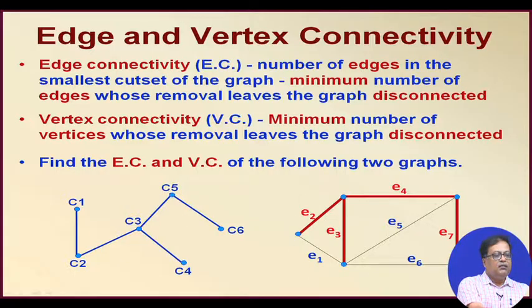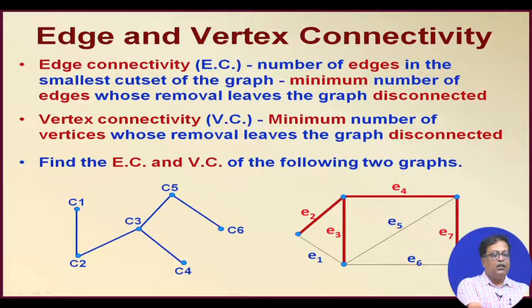Now, look at this particular graph. What is its EC and VC? How many edges do I have to remove to make the remaining graph disconnected? Is it 2 again? Because if I remove E1 and E2, then the remaining graph is disconnected. So, it is 2 here. And what is the vertex connectivity?